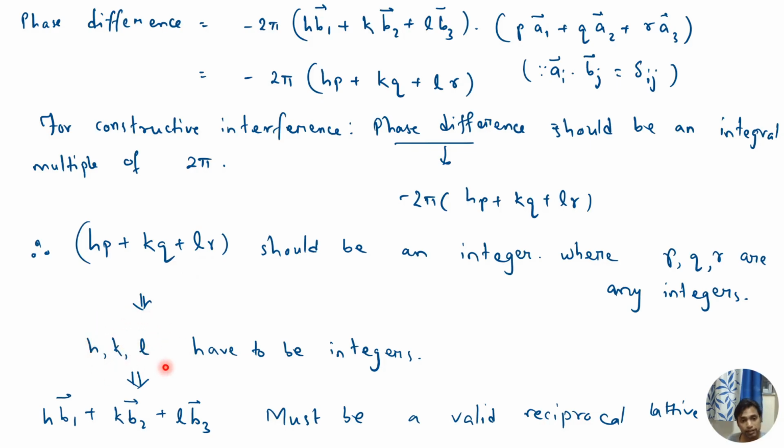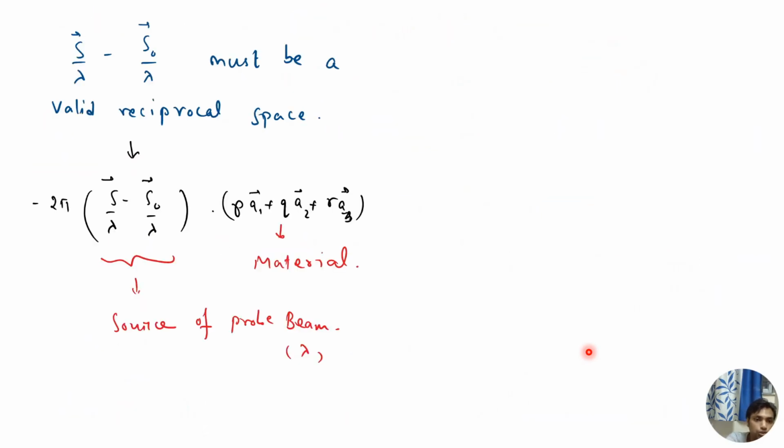And once we have the condition that h, k and l are integers, we are sure that this h b1 plus k b2 plus l b3 lies on a reciprocal lattice point. Since it lies on a reciprocal lattice point, it is a valid reciprocal lattice vector. So this s by lambda minus s naught by lambda must be a valid reciprocal lattice vector.